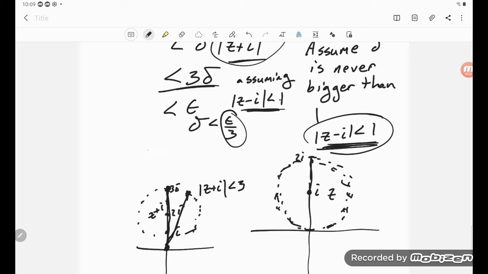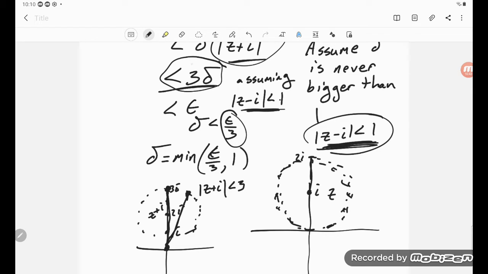And so what I end up saying then is that I pick the minimum of epsilon over 3 or 1. Okay, so again, just to get to here, I made an assumption that I'm always going to choose delta to be 1. So |z minus i| is less than 1 or less than delta.